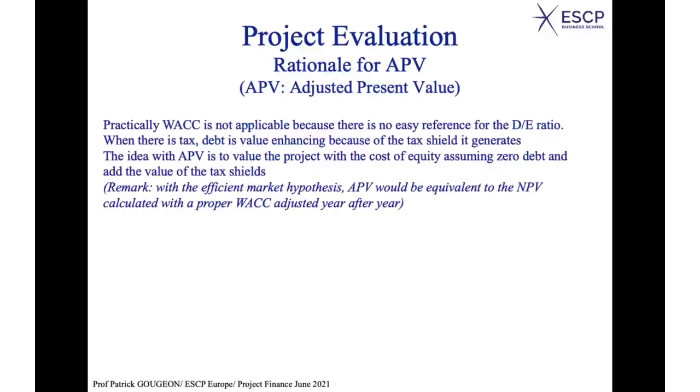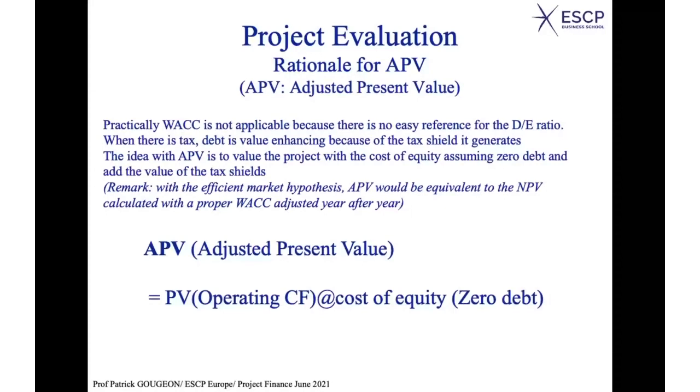So the main advantage of APV is that it is much easier to implement. So how would you do that? The APV is the present value of operating cash flow at the cost of equity, considering a cost of equity for zero debt. Then, to take into consideration the impact of debt, you will value the tax shield.